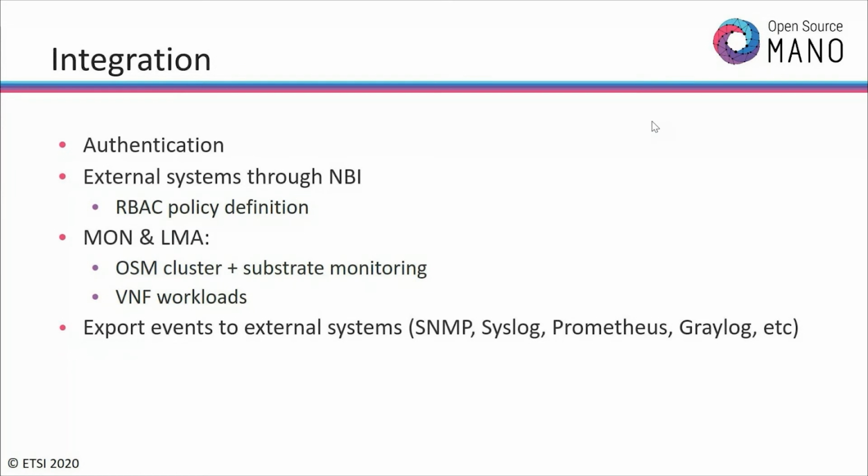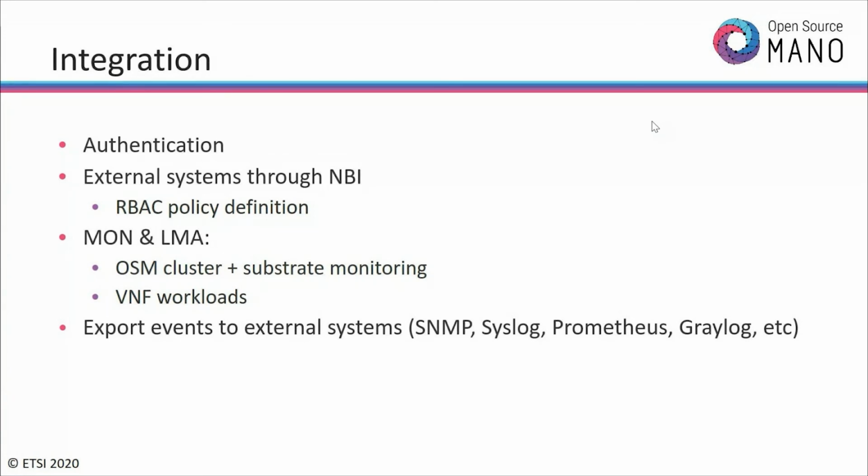One of the main asks that we get from our customers is to always restrict the users' or the system's activity to what is strictly necessary. We cannot allow them to, let's say, exploit the OSM capabilities through the NBI. So this is also something really important to consider for production.